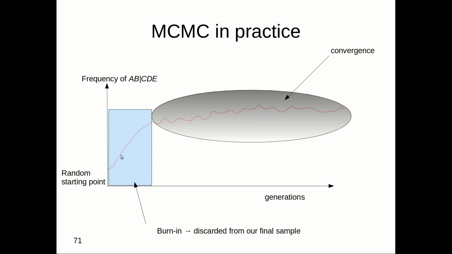We have a period of time, or generations, that it takes our MCMC chain to move to areas of high posterior probability. And then if we continue monitoring the frequency of occurrence of this bipartition, at some point we'll see that it stabilizes over generations, right? It may stabilize at 0.6 as we've seen before.